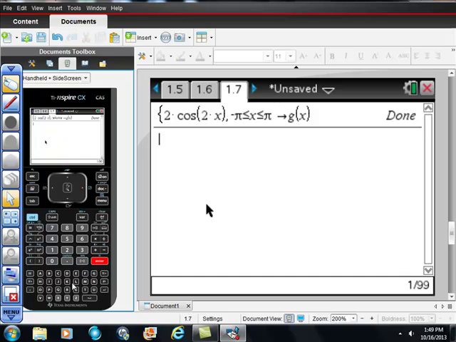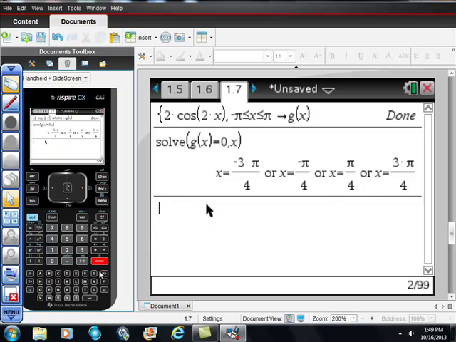So that's all I'm going to do. I'm going to use my solve function, so I'll just type in solve g of x is equal to 0, comma, x, that's in terms of x. Now remember, because this thing graphs on such a small part, it's just going to give me the answers I wanted.